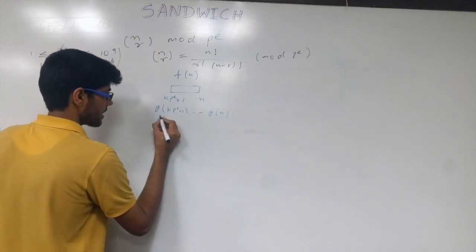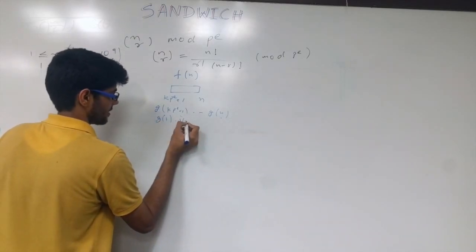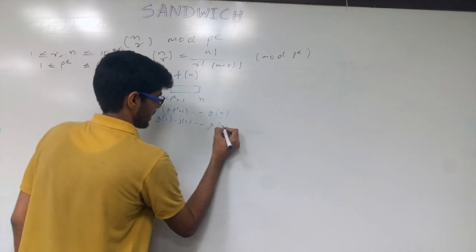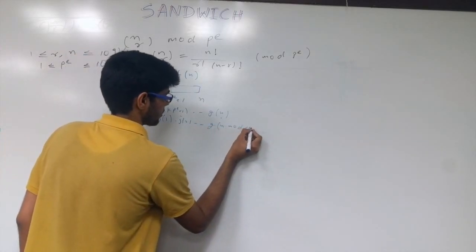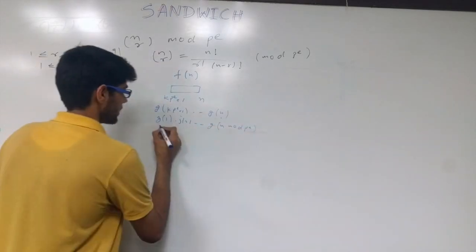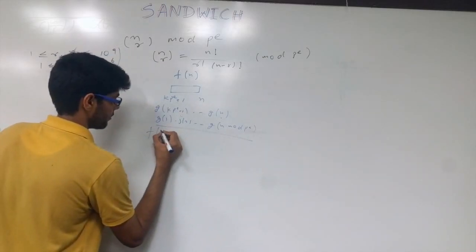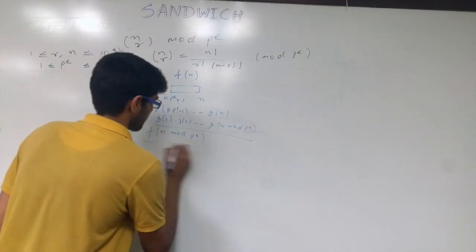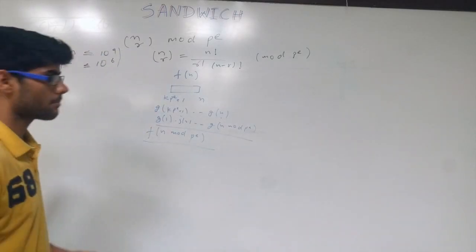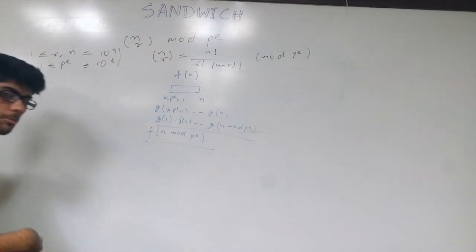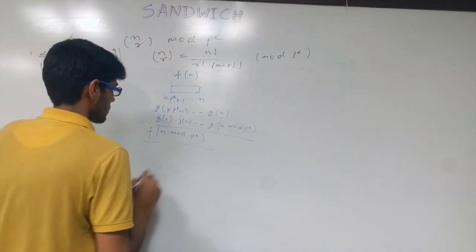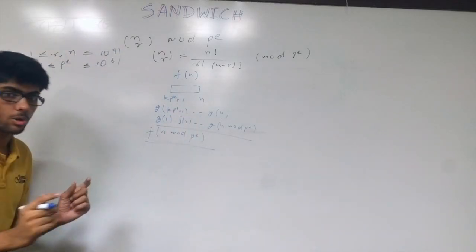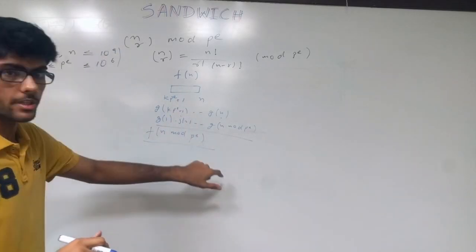So this is the same as g(1), g(2), up to g(n mod p^e). This is the same as f(n mod p^e). Remember the definition of f? It was the product of all the numbers which are less than or equal to n and co-prime to p. So the product of the last block is equal to f(n mod p^e).